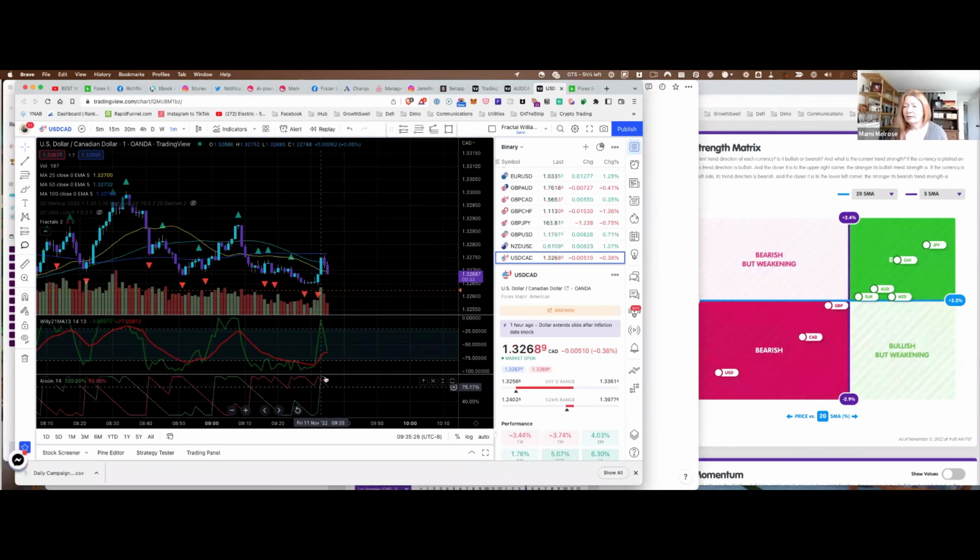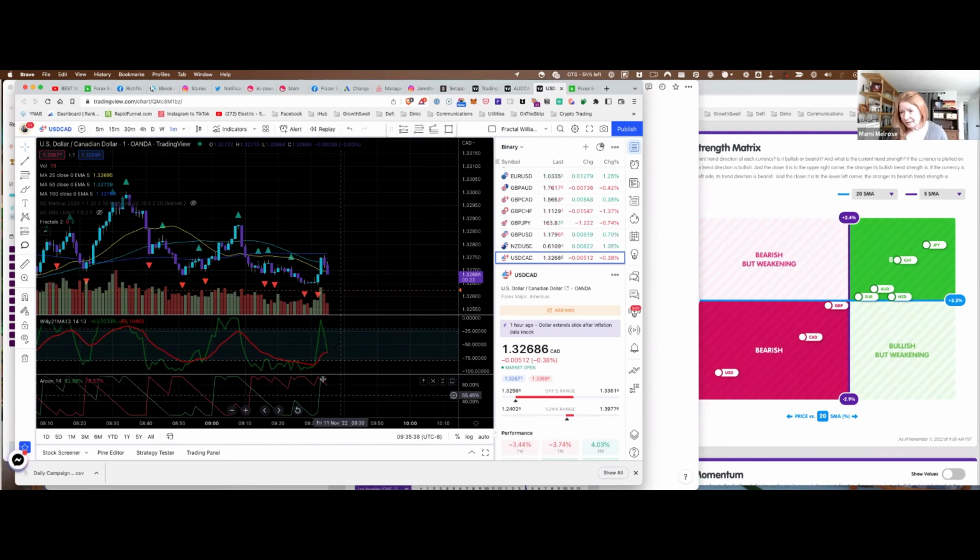So this is a beautiful setup right here, right? We want to know exactly where we're going with this really tight consolidation, because it will pop pretty hard in one direction or the other. Okay, so we know we're up for something, but we don't know what it is yet, right? We don't know whether we're going down or up in a big way.